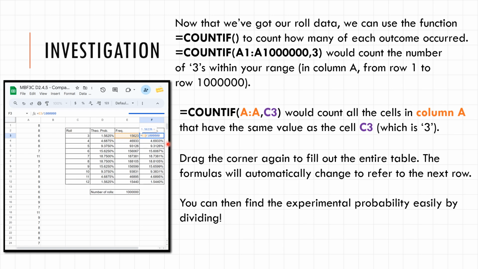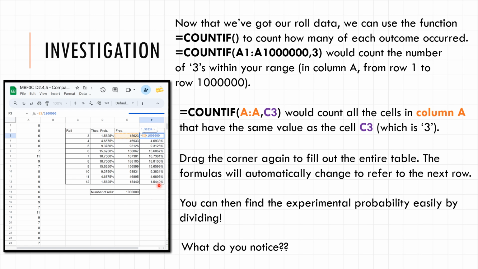And I'll do the same thing where I drag the corner. I click and drag the corner to fill out my entire table, and that's how I got all of these percentages. What do you notice, if you're able to zoom in at all, what do you notice when we compare the experimental probability to the theoretical probability when we have done 1 million rolls?